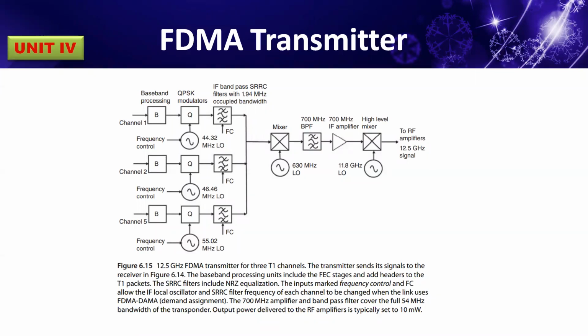This IF amplifier signal is passed to a high level mixer with the help of an 11.8 gigahertz local oscillator. The output of the mixer is the transmitted signal, which is a 12 gigahertz bandwidth signal. So this is called the 12.5 gigahertz FDMA transmitter kit diagram for 3 channels. Here we have channel 1, channel 2, channel 3. The transmitter sends signals to the receiver like in the previous slide.